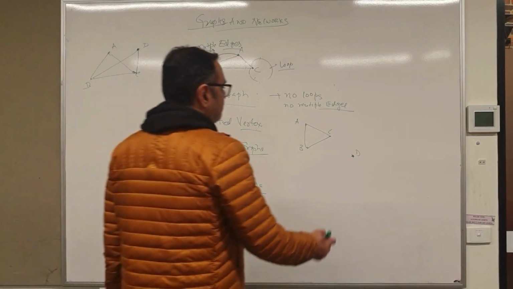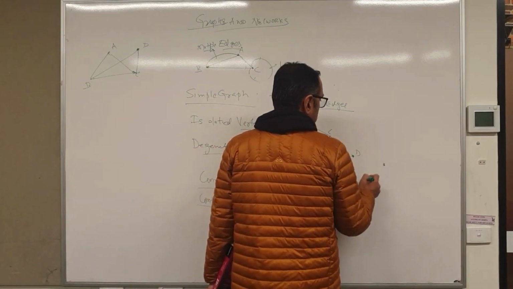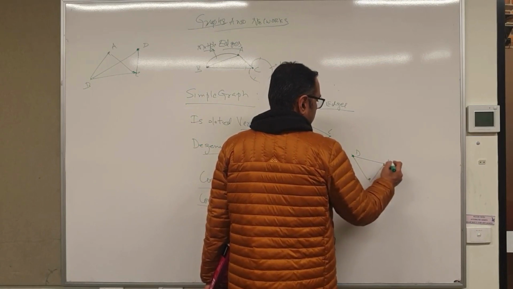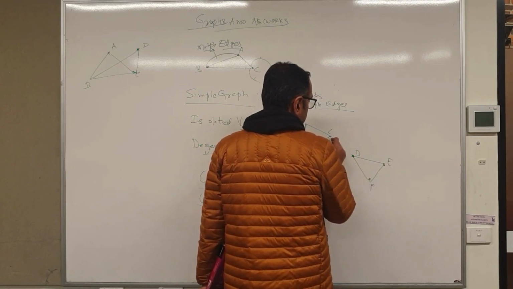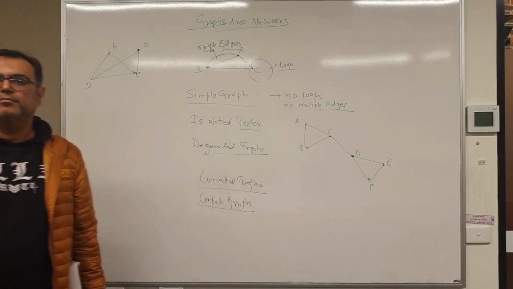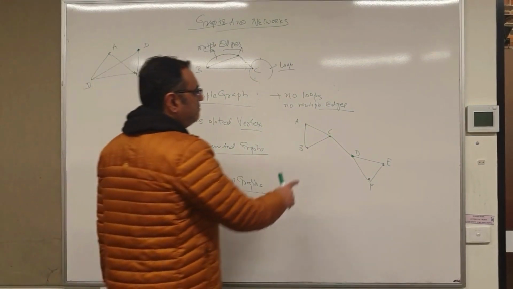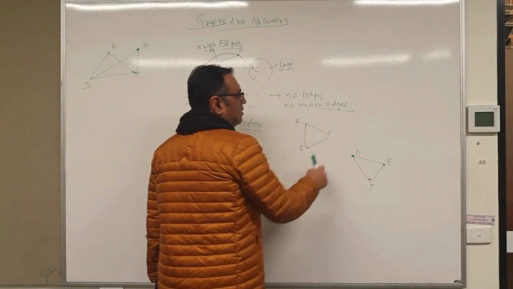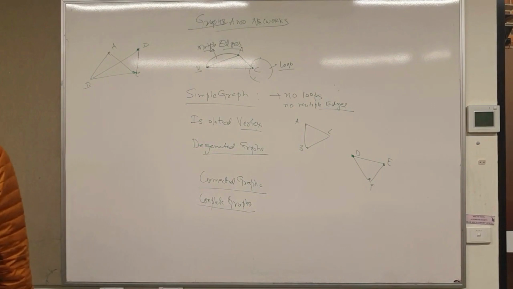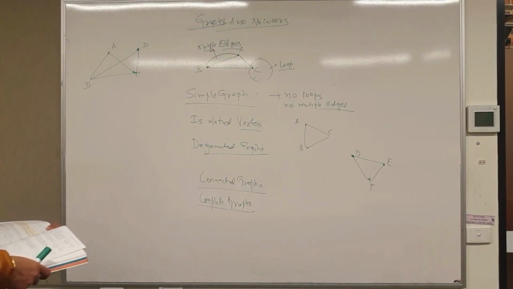And let's say if this were another graph like this, D, E, F, then CD is a bridge, which, if taken off, leaves you with 2 different graphs. Right? So that's called a bridge.